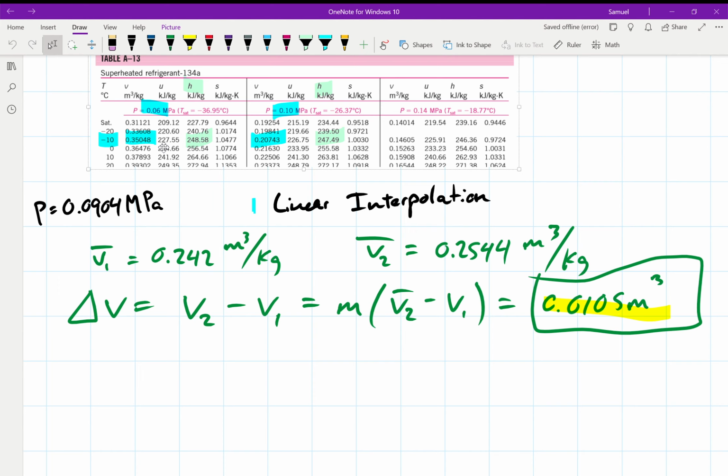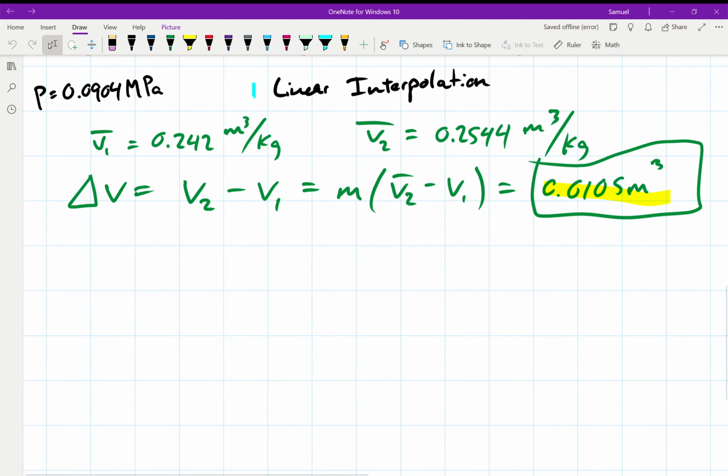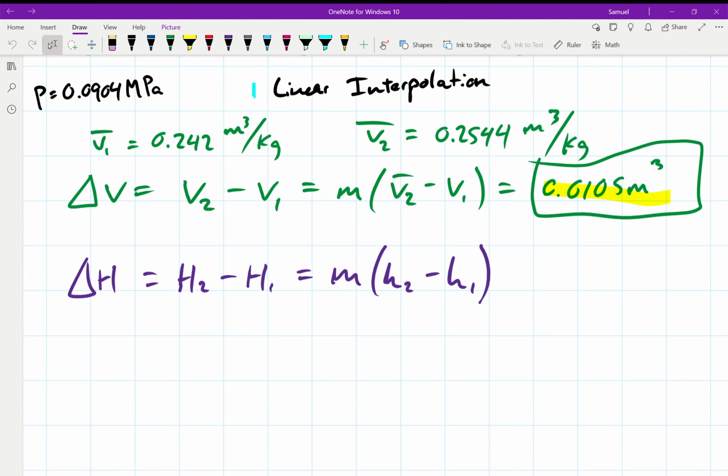Similarly to the change in the volume, the change in the enthalpy will be H2 minus H1, so we will multiply our mass across the specific enthalpies. And when we finally get that final answer, we will find that the change in our enthalpy will be 17.4 kilojoules.